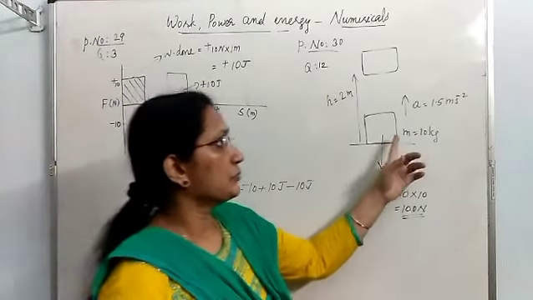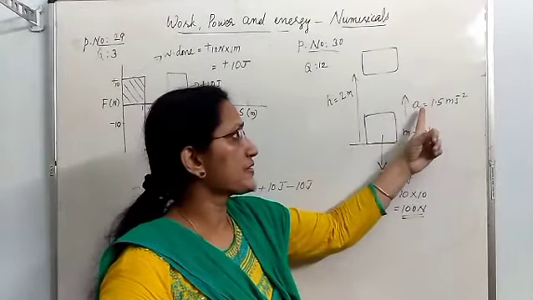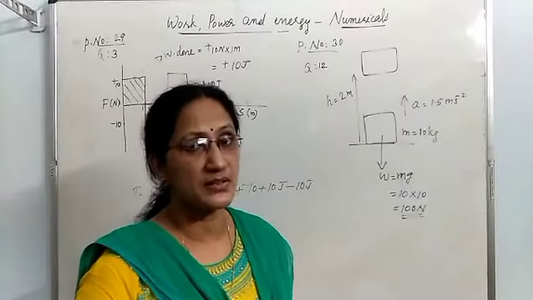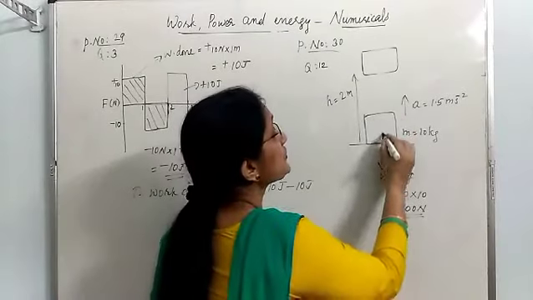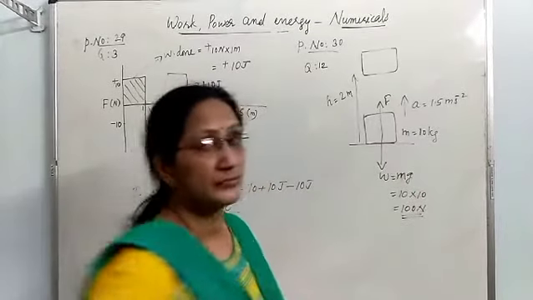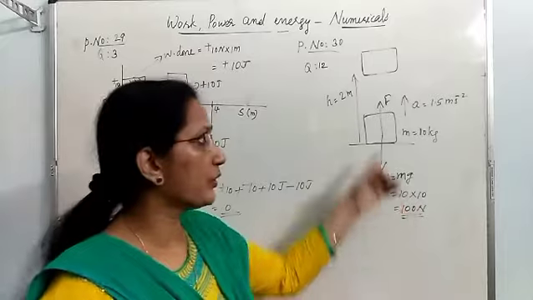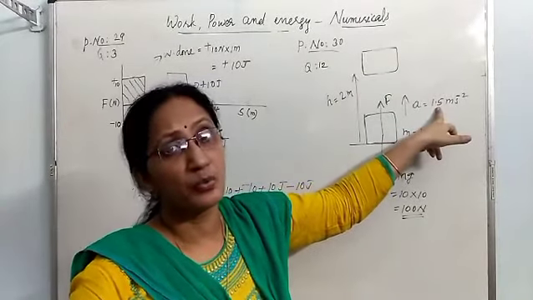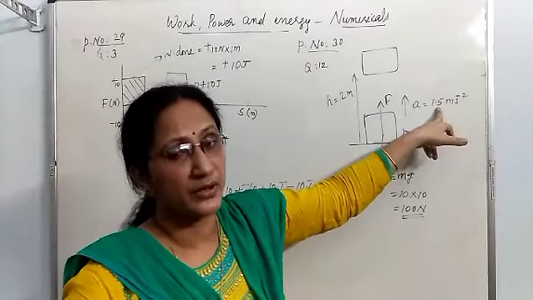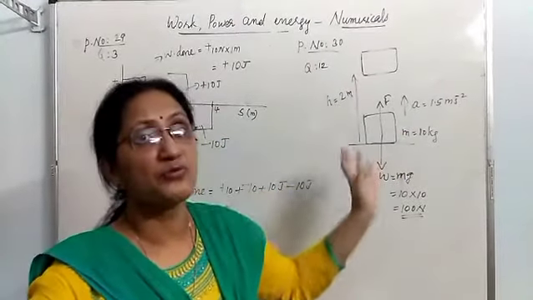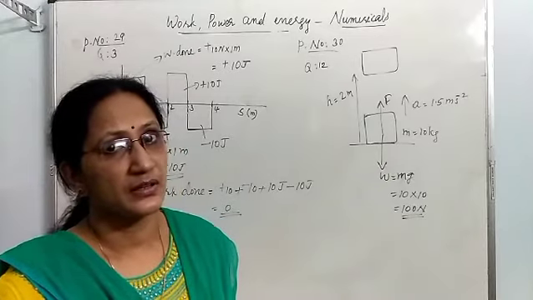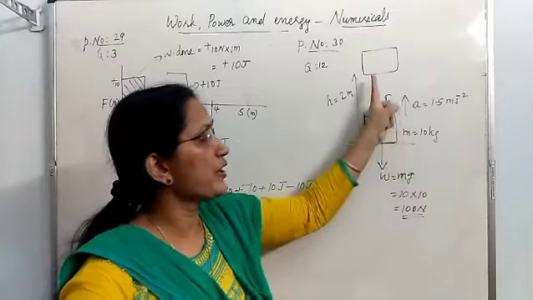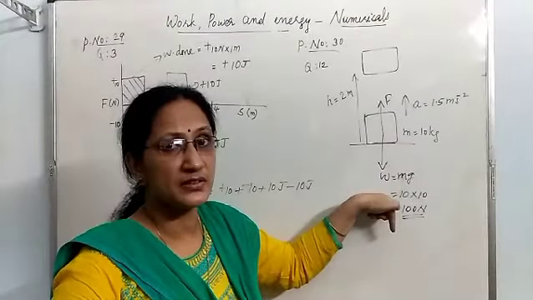So 100 Newton is the weight acting downward. Then the body is moving upward with an acceleration of 1.5 meter per second square, which means some upward force also acts. Otherwise it can't. This body is moving against gravitational force with an acceleration, which means an upward unknown force also acts. So these are the two forces acting, an upward unknown force and the weight.